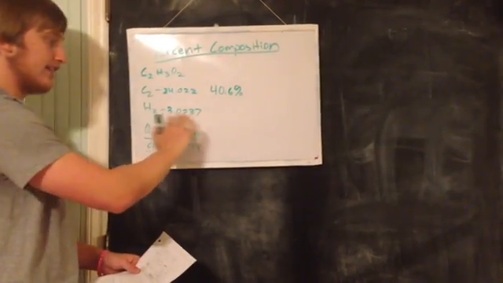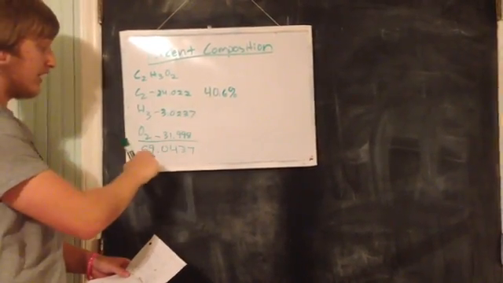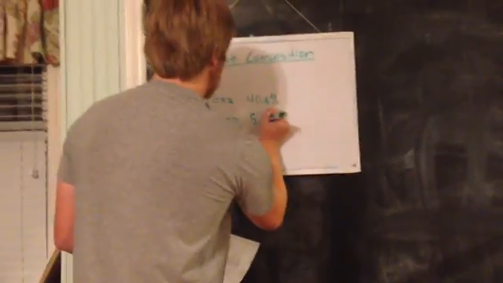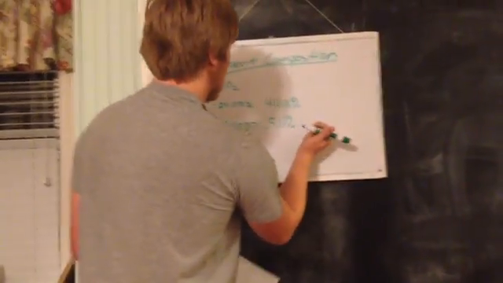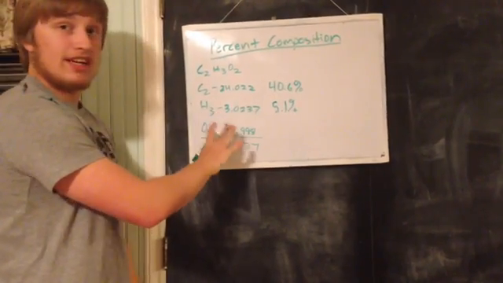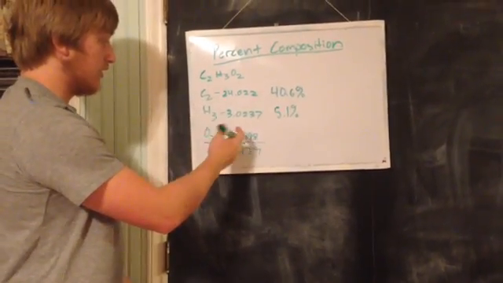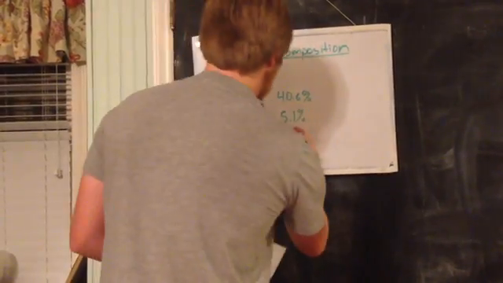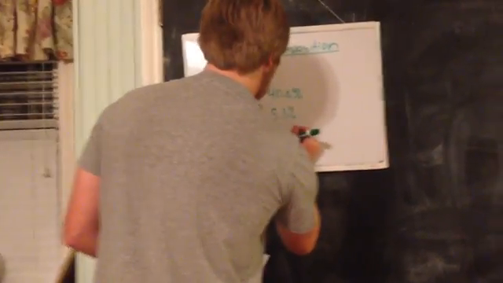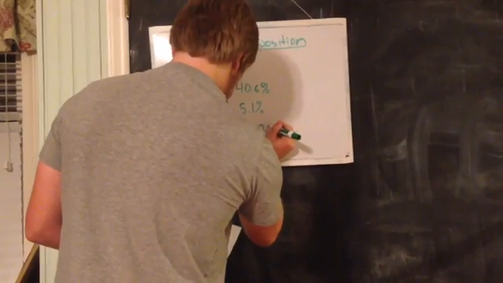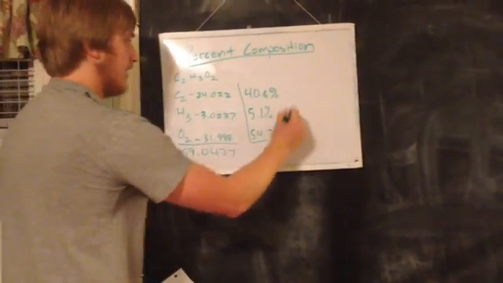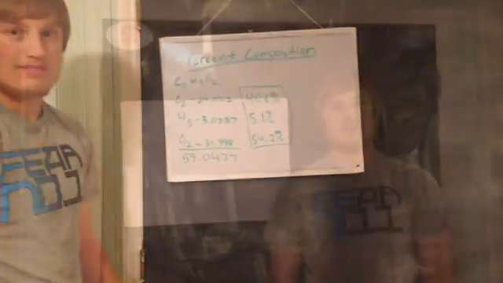Then you take the 3.0237 divided by the total mass, and you get 5.1%. Then you take O2, 31.998, and divide it by the total again, and you get 54.2%. And this is your percent composition for acetate.